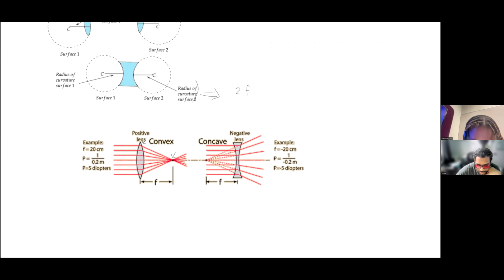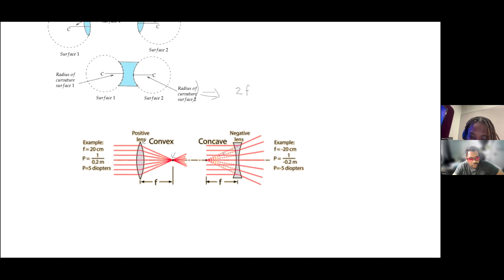And if you're dealing with a concave lens, which means it's diverging, we also have parallel light rays, which then diverge, moving outwards. But if you trace that divergence backwards to where it converges, the length between that point and the lens itself is your focal length.